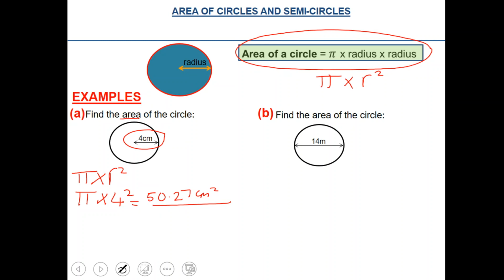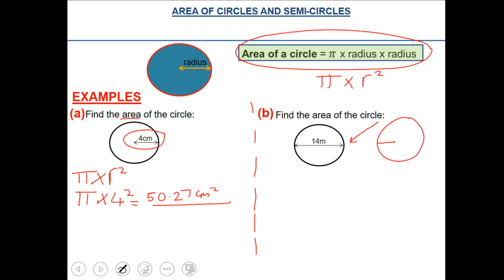Okay, now it's your chance to have a go at doing the next question. I'm going to give you one clue. You are given the diameter. What do you need to do to work out the radius? Pause the video now and have a go at answering this question.